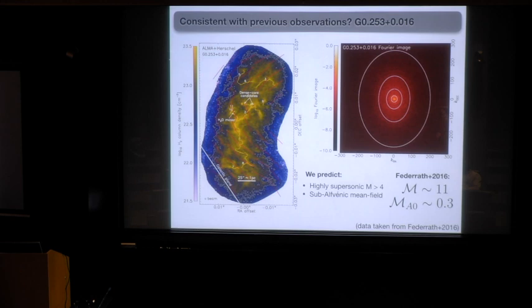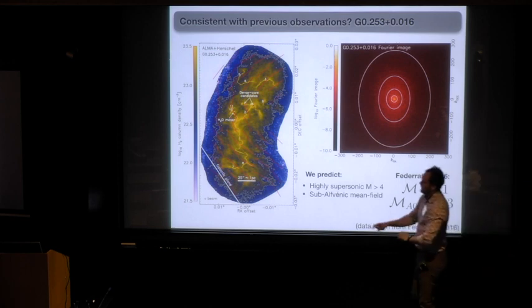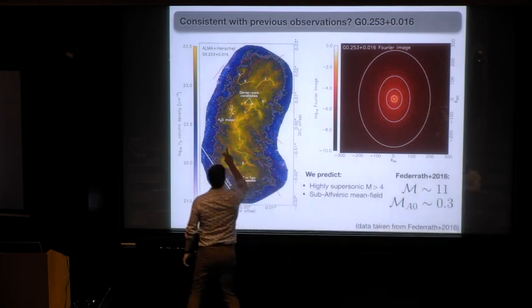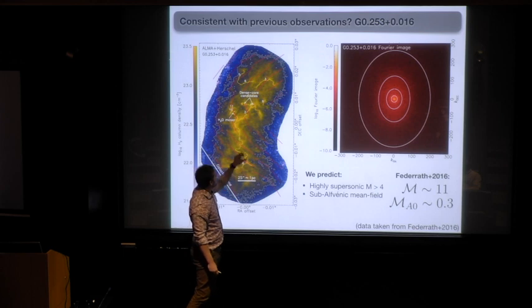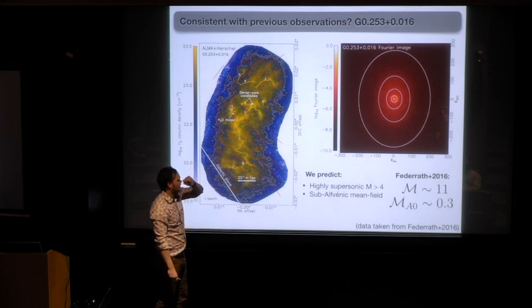We can just do a hand-wavy application here. So BRIC is this CMZ cloud, which Christoph, my supervisor, studied in 2016. He did this very thorough analysis of it. You have the mean field components here in red, these filaments that he's identified here, and the power spectrum over there.